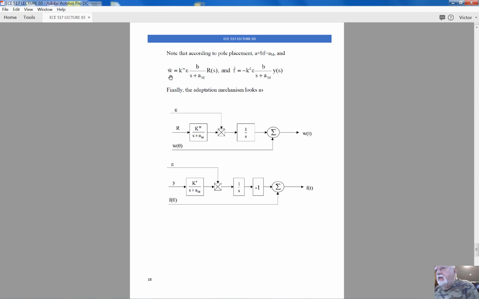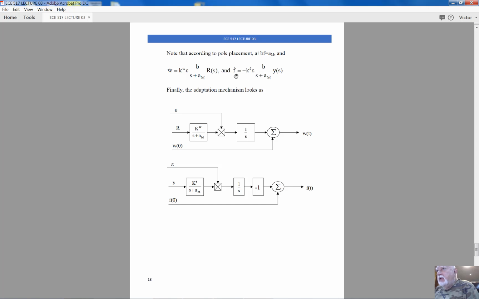Now, the derivative of the gain in the reference channel is equal to constant gain times error, times reference input, and in the denominator I have the denominator of the reference model. As a matter of fact, this is the transfer function of the reference model.